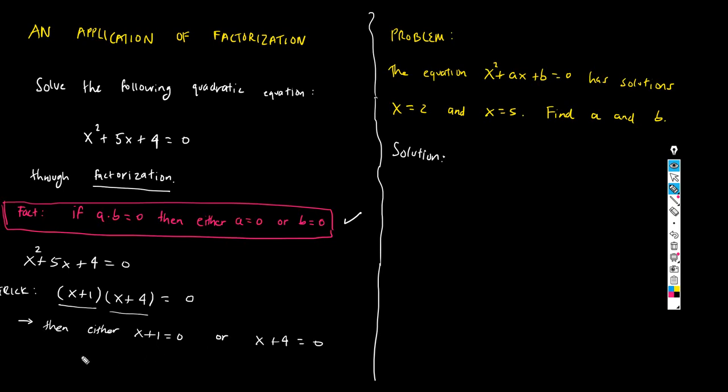And then I just keep going with my chain of reasoning. If this must be equal to 0 or this must be equal to 0, then if I isolate x from this equation, I'm going to get minus 1. Or if I isolate x from this equation, I'm going to get minus 4. And I'm done.